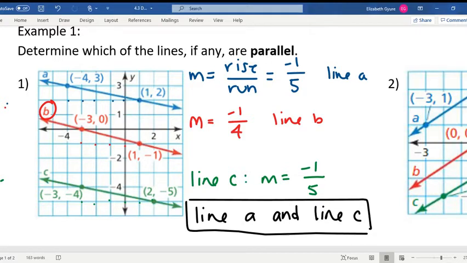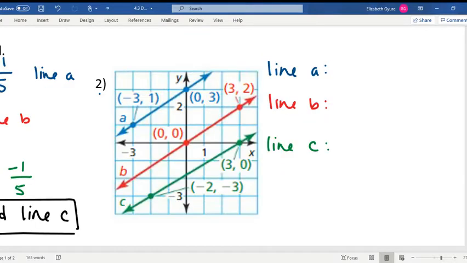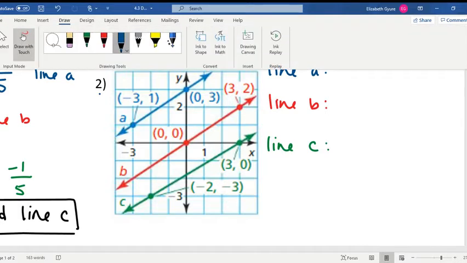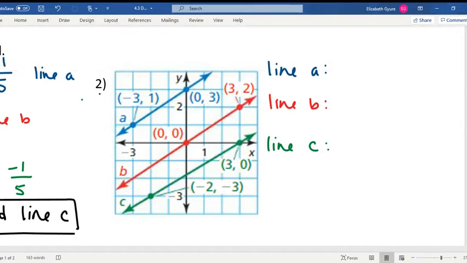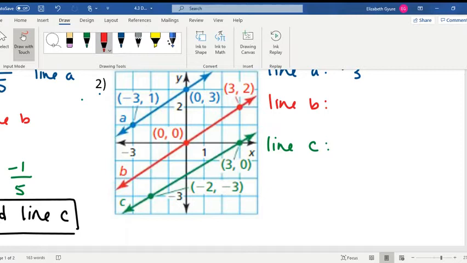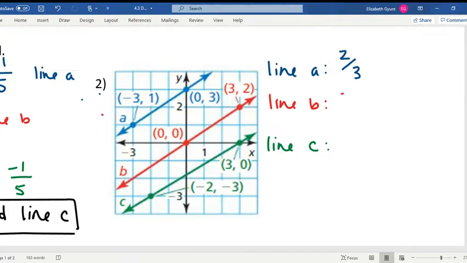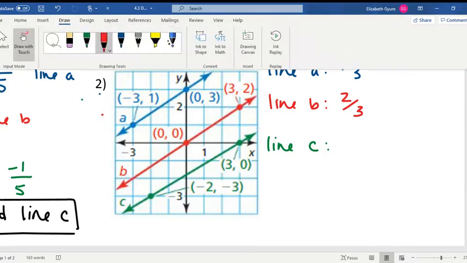I would like you guys to try out number 2. All right. Hayden, what did you get for your slope for line A? 2/3. Do we agree? Excellent. Asia, what did you get for line B? 2/3. Do we agree? That kind of rhymes. And then Brooklyn, what did you get for C? 3/5.